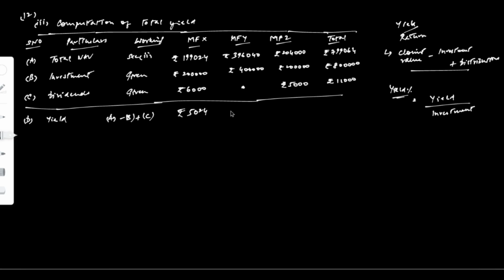It is minus rupees 3960. Next, 204,000 minus 2 lakh plus 5,000, it is plus 9,000.